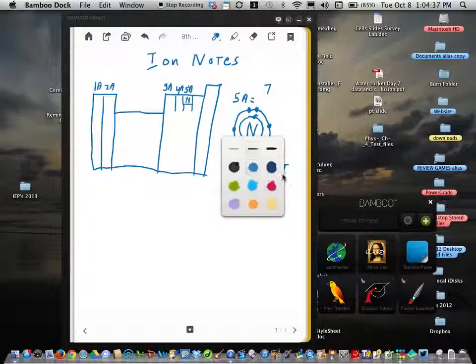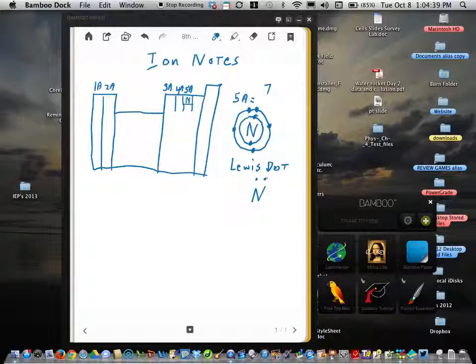It just shows the outer shell. So this right here is the simple form, showing that nitrogen has 5 outer shell electrons. Okay, does that make sense?